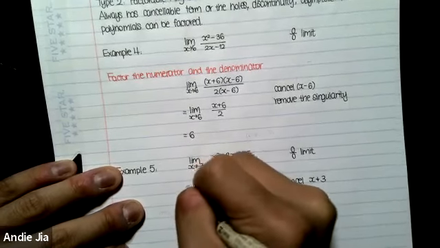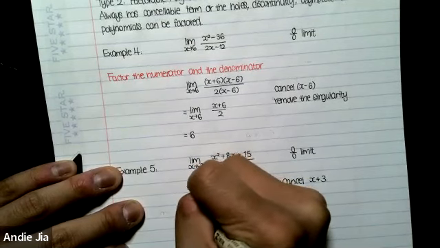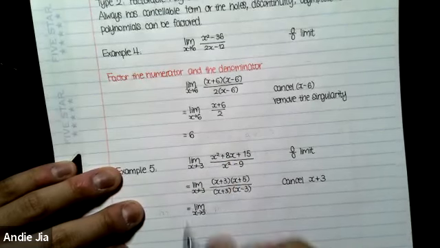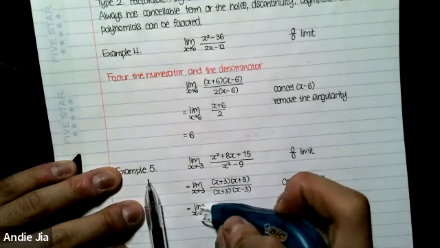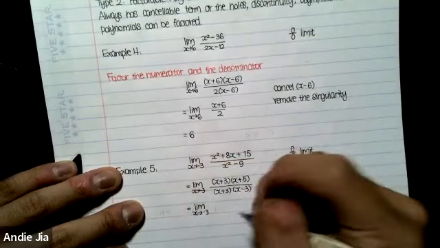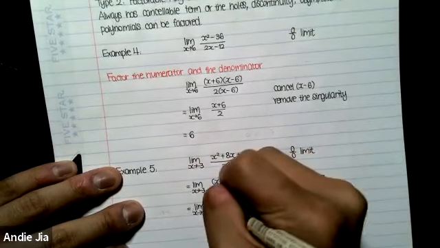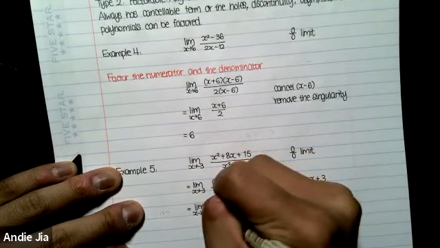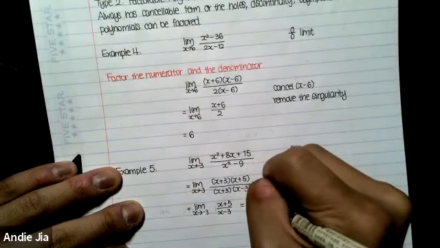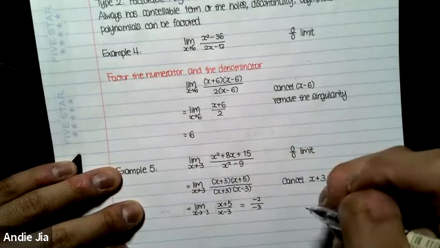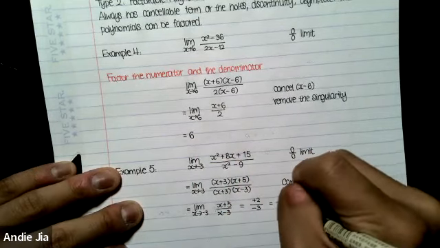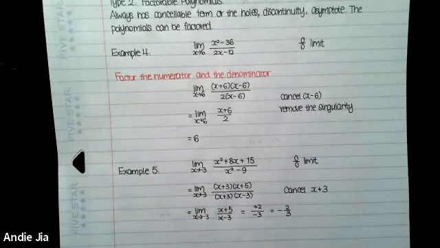And we have the limit as x approaches -3 of x plus 5 over x minus 3, which is 2 over -6, so it's going to be -1/3 is the final answer.